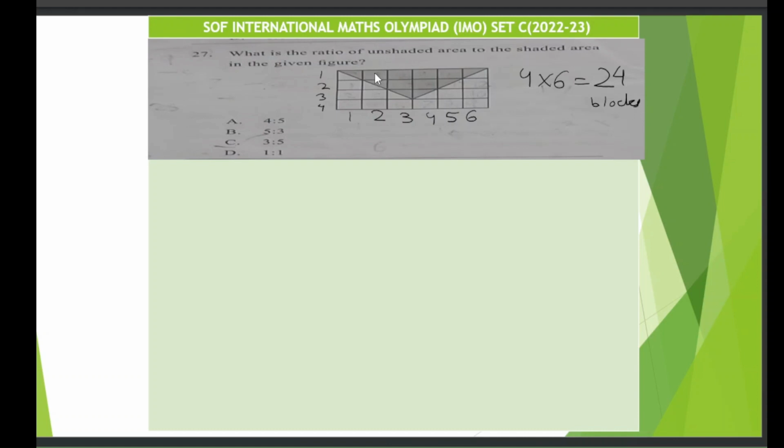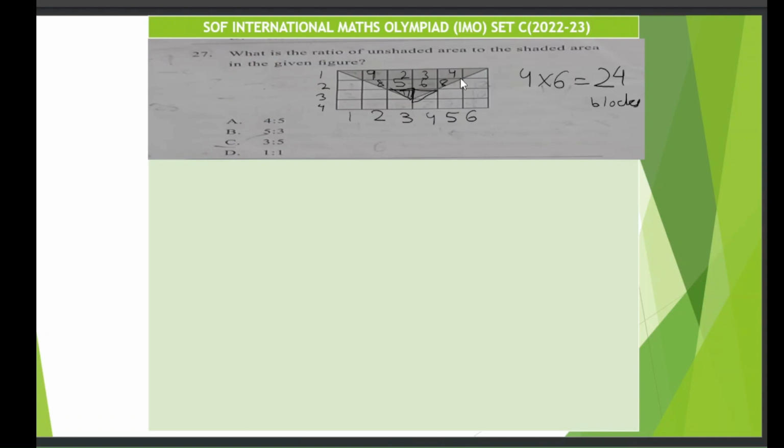For shaded area, fully shaded blocks are 1, 2, 3, 4, 5, 6. Now if you take these two, they will form 7. This triangle and this triangle together will form the 7th block. Similarly, these two will form the 8th block.